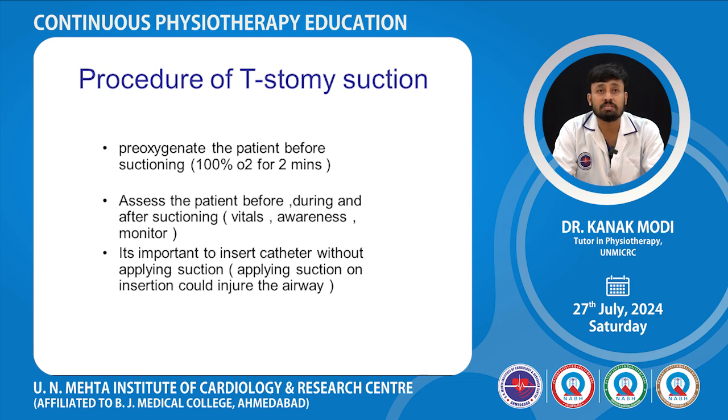Procedure of tracheostomy suction. Pre-oxygenate the patient before suctioning with 100% O2 for 2 minutes. Assess the patient before, during and after the suction: vitals, awareness and monitors. It's important to insert the catheter without applying suction, as applying suction on insertion could injure the airway.